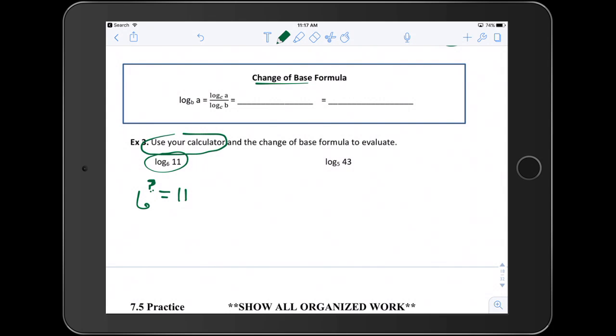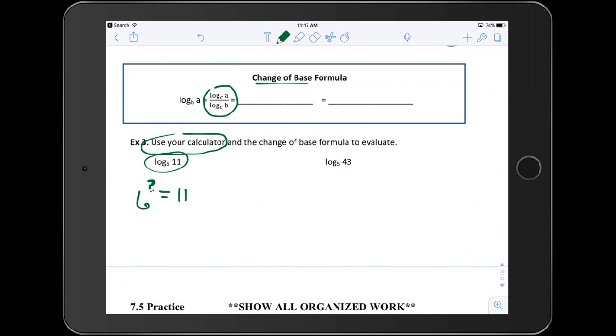So the change of base is this. We know our calculators have common logs and natural logs on it. And we can use the calculator if it is a common log or a natural log. So what we do is we change the base to a common log or a natural log. So what we do is we can do this right here, which is kind of just making sure you understand that you can change the base to anything.